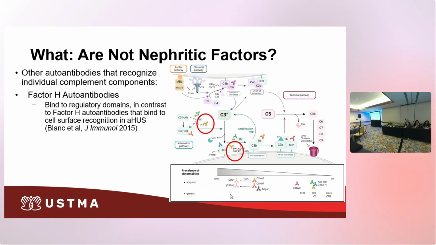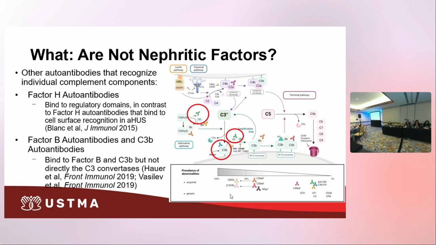syndrome. And what's really behind that paradox is specifically where the autoantibody is binding and ultimately dysregulating, where autoantibodies that are found in atypical HUS bind more to the cell surface recognition, the C-terminal portion of the molecule, versus those found in C3G where they're binding to the regulatory domains closer to the N-terminus of the protein.